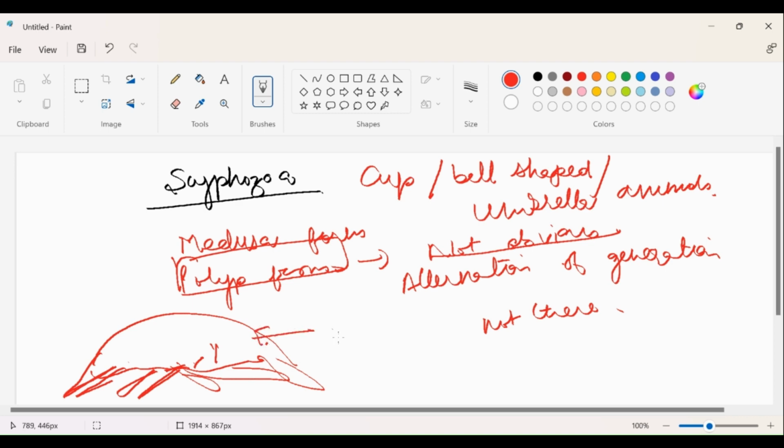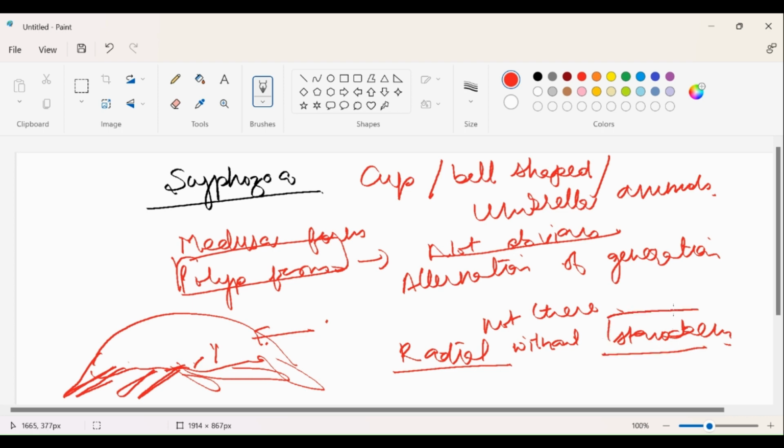So this is, you can say, saucer shaped or cup shaped. Because the shape is like this, symmetry is radial symmetry. And the animals are without stomodium. They have a gastrovascular cavity without stomodium.